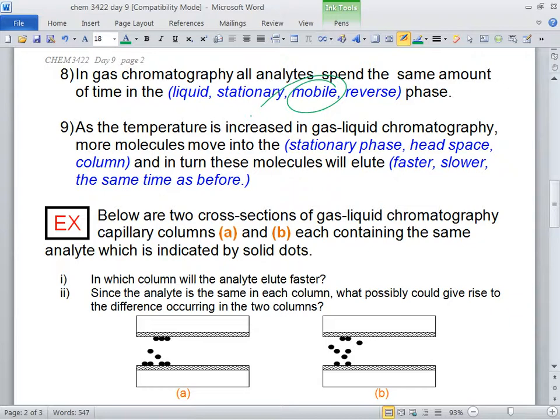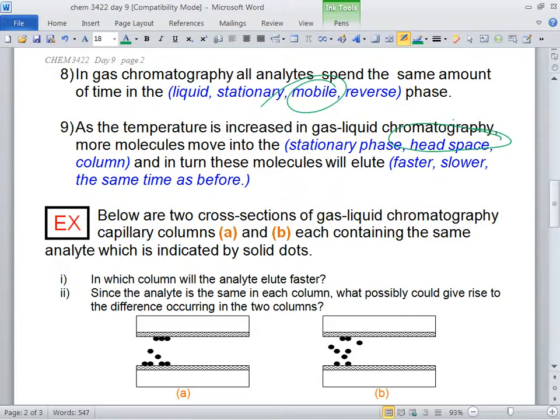So you're cranking up the temperature. Wouldn't it be mobile phase? The answer should be mobile phase, right? But it's not a choice. Stationary? Column? Headspace. So wouldn't it be vaporized, chilling above? Because remember, our stationary phase is the liquid. So the headspace is going to be immediately above it. So you're right. Going into the mobile phase is the headspace. So the answer is headspace as you crank up the temperature.